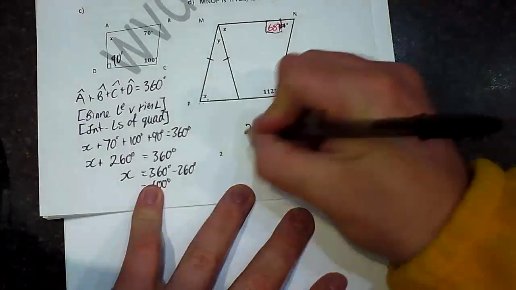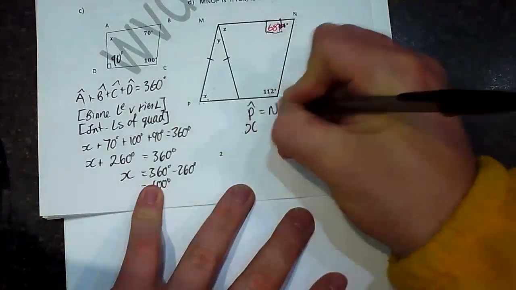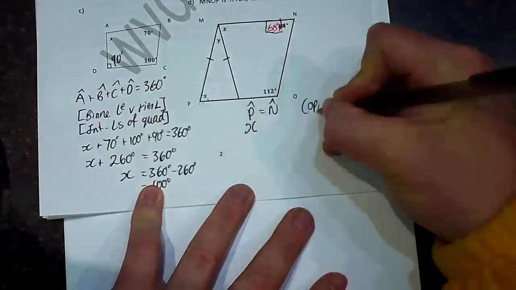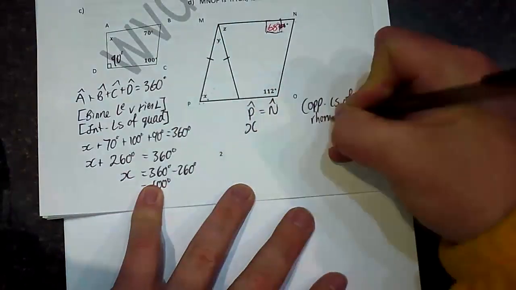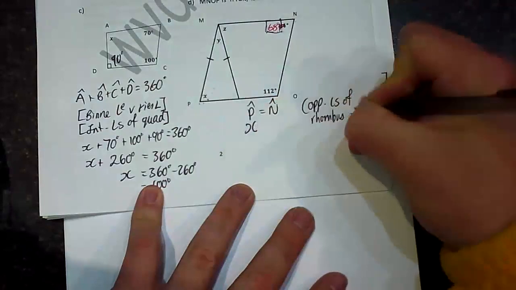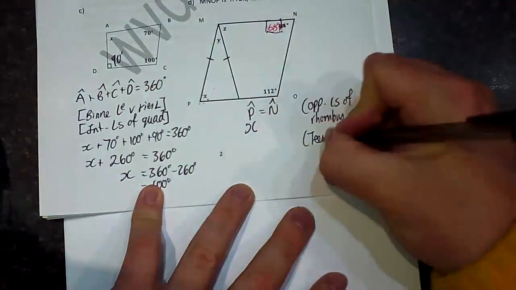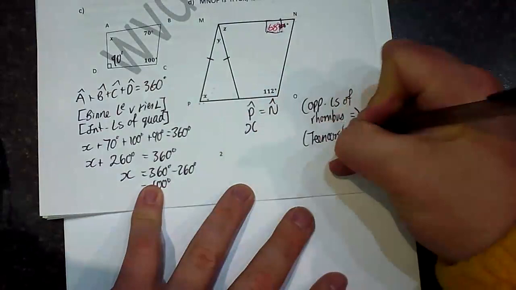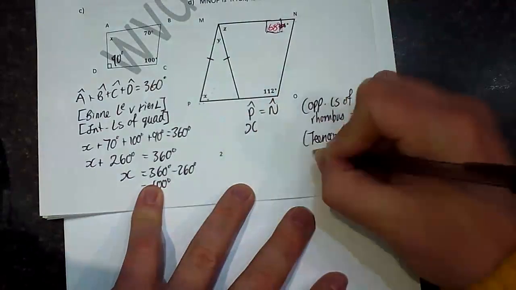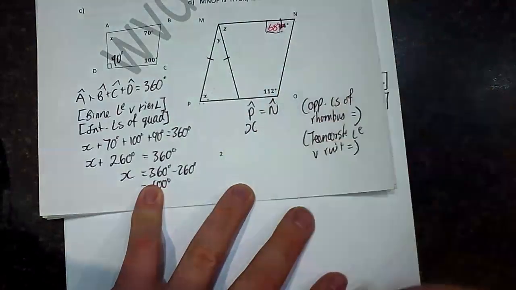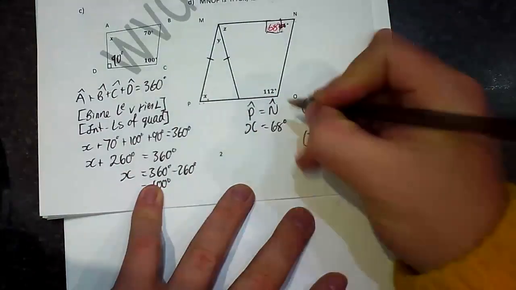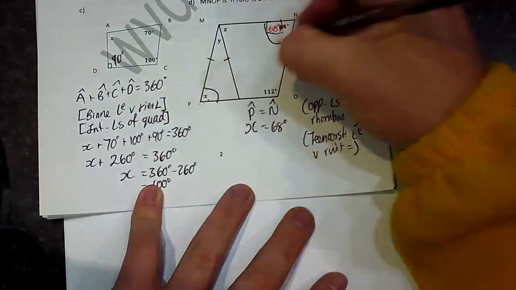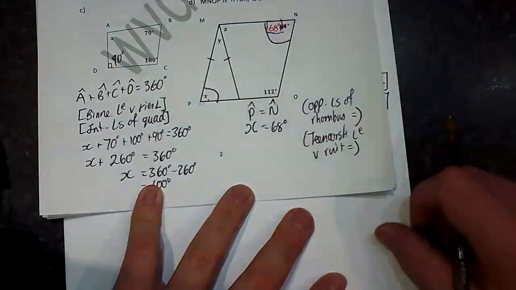We say angle P is equal to angle N. Opposite angles of a rhombus are equal. Okay. So x is equal to 68 degrees. Those two are of equal size.